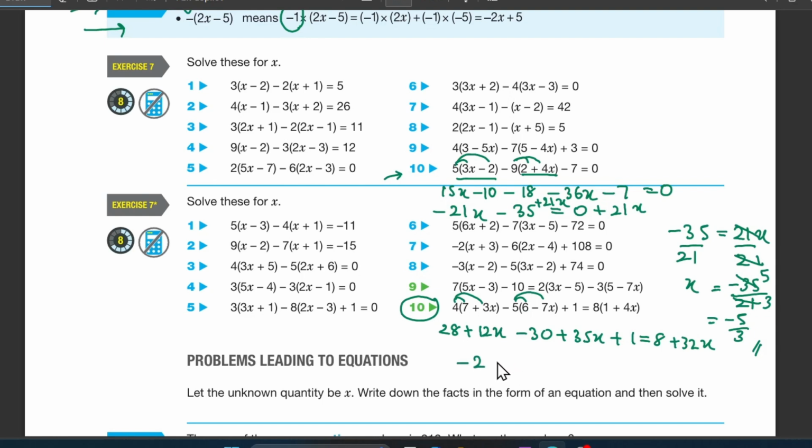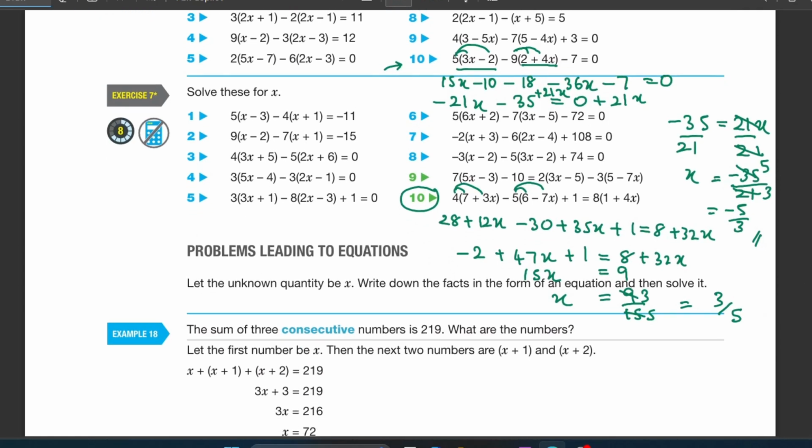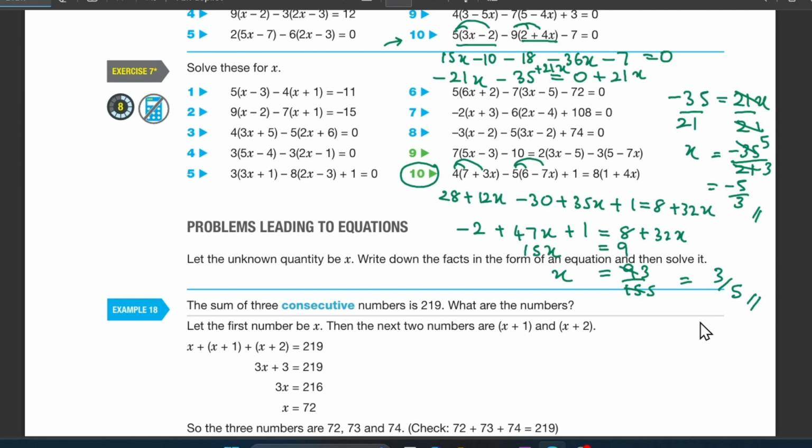Minus 2 plus 47x plus 1 equals 8 plus 32x. Then 15x equals 9. Then x equals 9 over 15. So then I get the value as 3 over 5. Okay. So I think you got the idea.